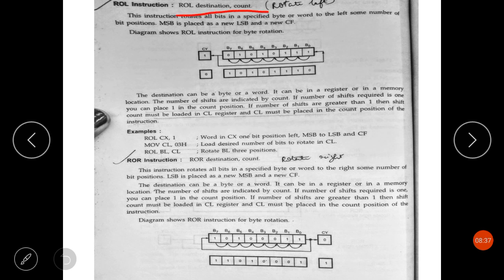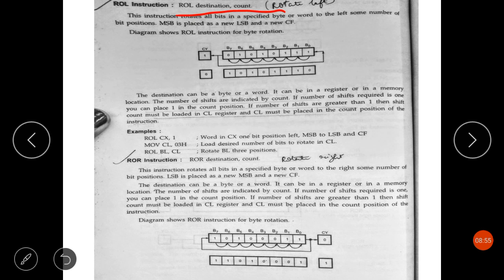This instruction will rotate all bits in a specified byte or word of the destination to the left some number of bit positions. The MSB is placed as the new LSB and the new carry flag.